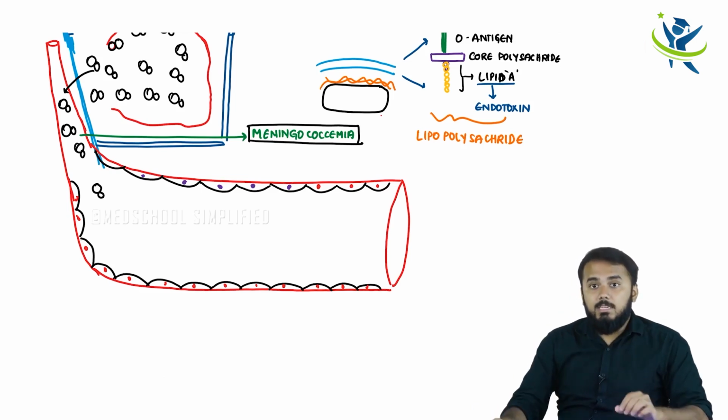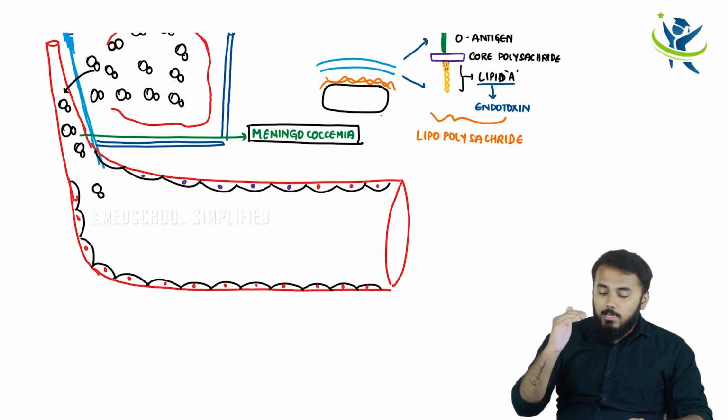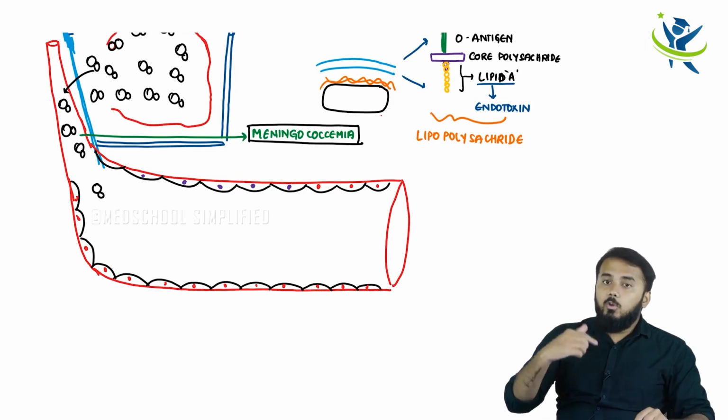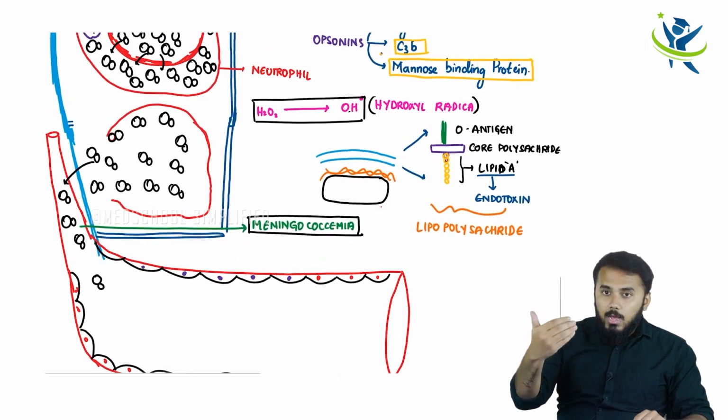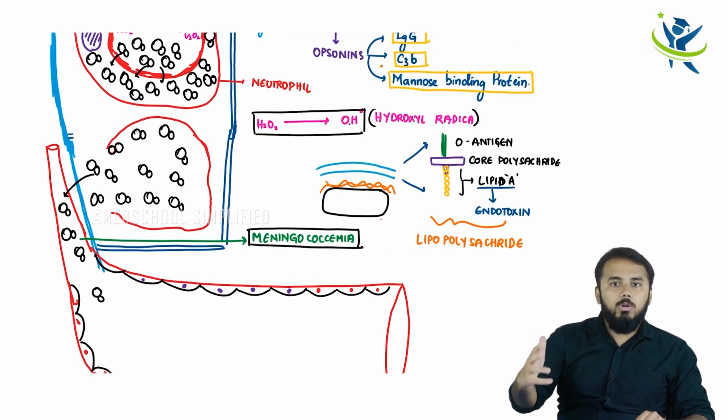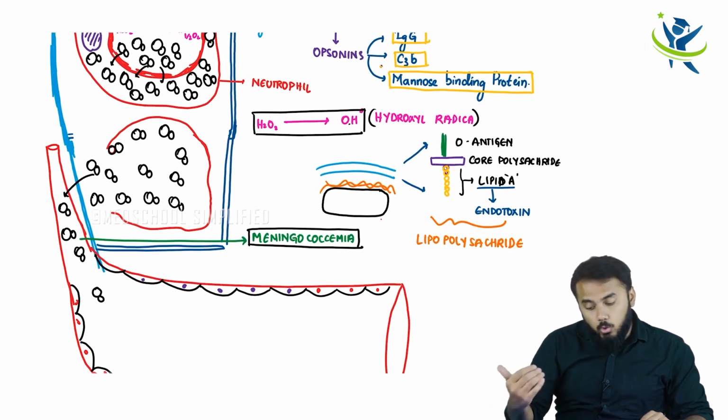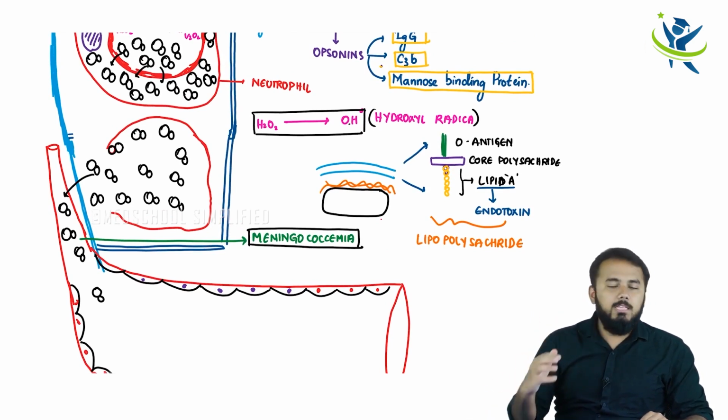Why? Because in Neisseria meningitidis, you look at the inner membrane, the peptidoglycan, and then the outer membrane, and in the outer membrane you won't have O antigen. There is core polysaccharide and lipid A, but the O antigen is absent.